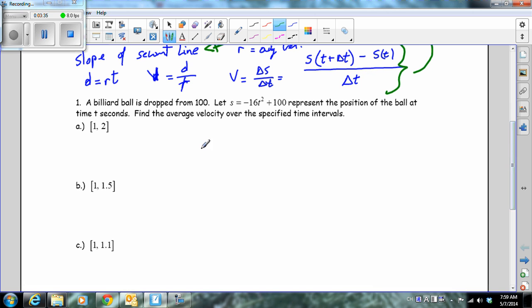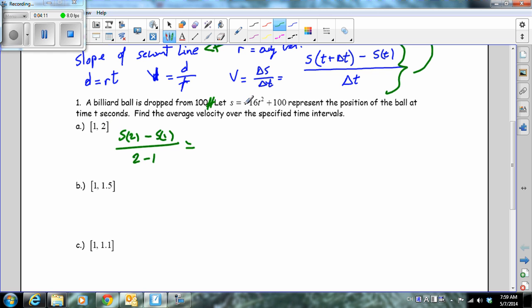Let's look at the first problem. It says a ball is dropped from 100 feet, and let this equation represent the position of the ball at time t seconds. Here we're trying to find the average velocity over the specified time interval. This interval is from 1 to 2. So to find this, I will say s of 2 minus s of 1 over 2 minus 1.